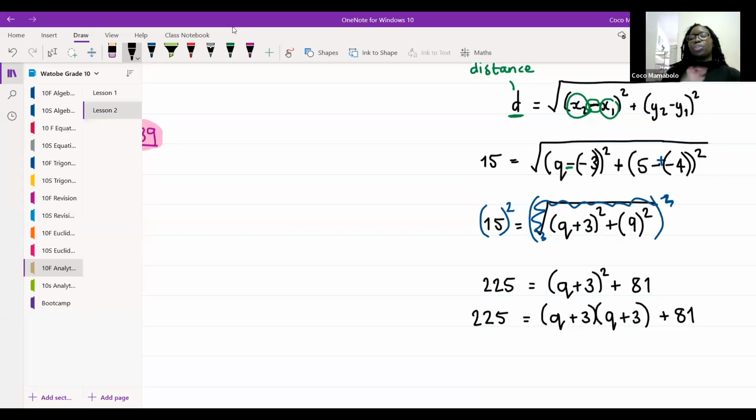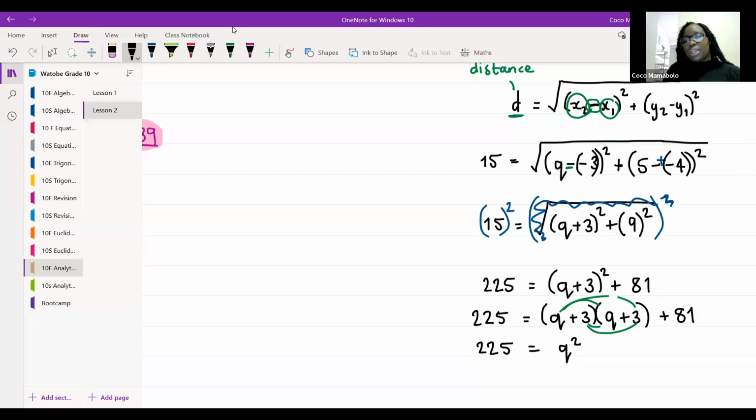Now, what am I going to do with these 2 brackets in the middle? You're going to use foil to work them out. Good. We're going to use foil and work them out. There and there, there and there. Good. So our sum will read 225 is equal to q times q is q squared.